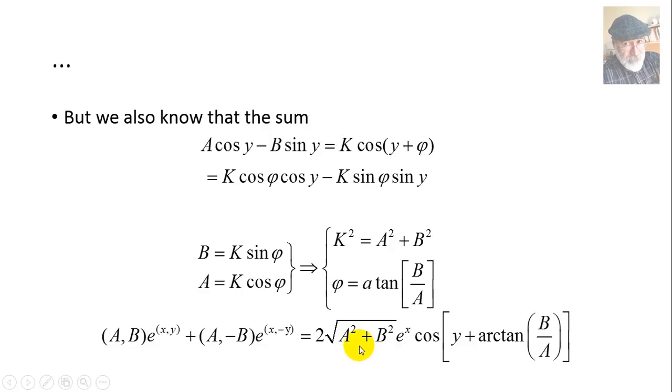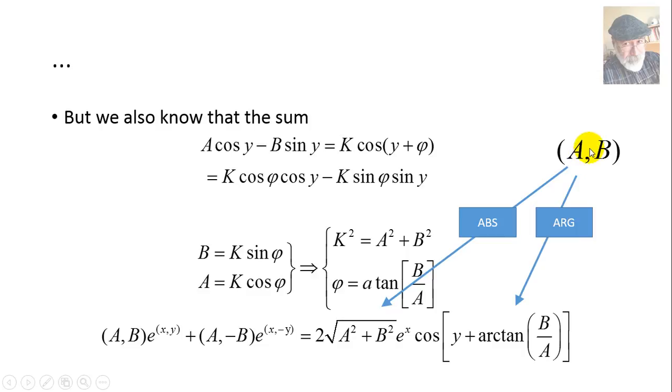You see this term here, you can calculate directly from this coefficient a, b. You just take the absolute value and double that, and this is the original amplitude of your consolidated oscillation. What about this angle? That is just the argument of that complex number. Easy to remember.